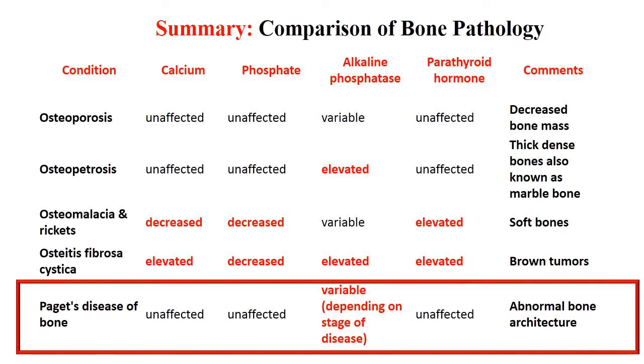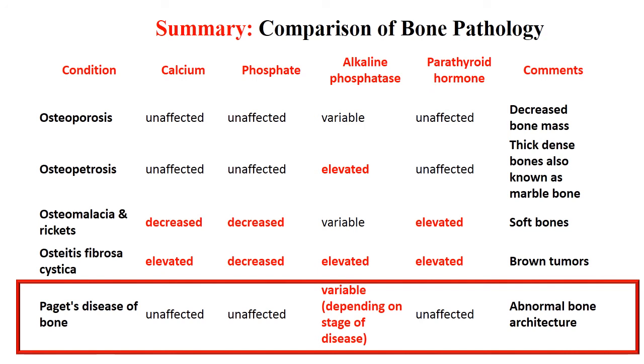Osteomalacia and rickets are diseases due to abnormal or defective bone mineralization, and in these conditions there is a decrease in calcium and phosphate levels while there is an increase in parathyroid hormone level, and the alkaline phosphatase is variable. Osteitis fibrosa cystica, also termed brown tumor, is due to increased parathyroid hormone activity.